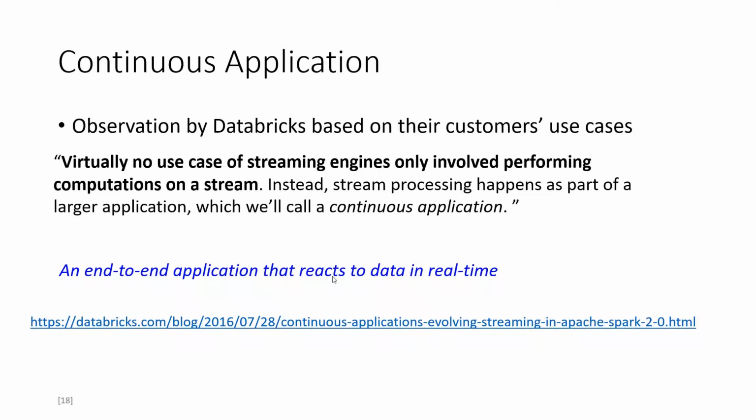So it's not just about processing streams, but using stream processing as part of another application. This was due to some observations made by the organization that commercially supports Spark.